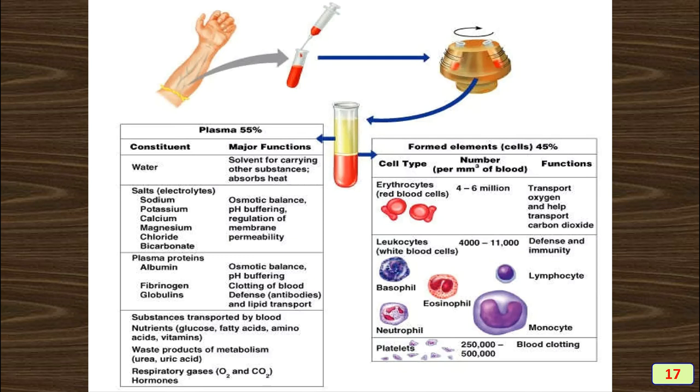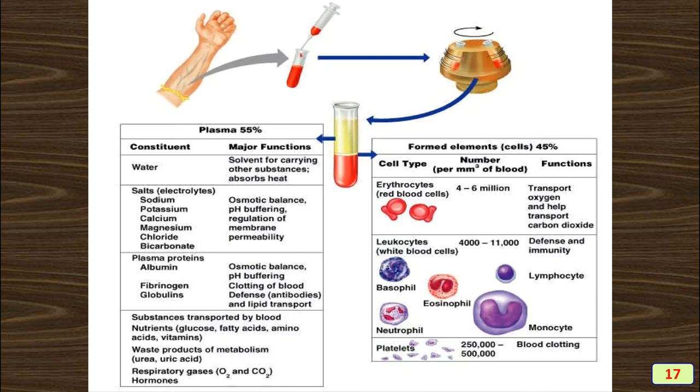The white blood cells account for 4,000 to 11,000 cells per cubic millimeter of blood, and they look after defense and immunity.